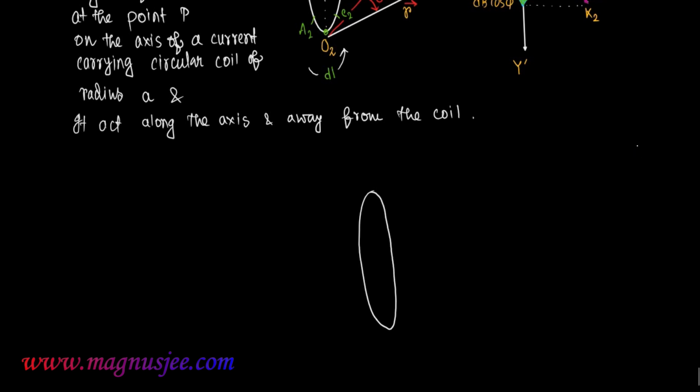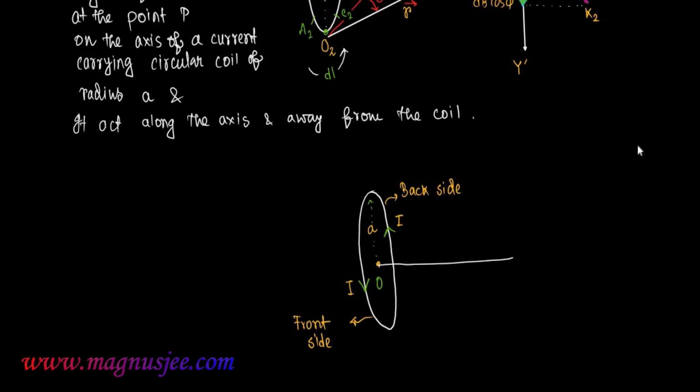So we can draw a circular coil carrying current I. Current flows in this way as shown in the figure. This is the front side of the coil and that is the back side of the coil, and through the back side current is flowing upwards. O is the center of the coil having radius a.